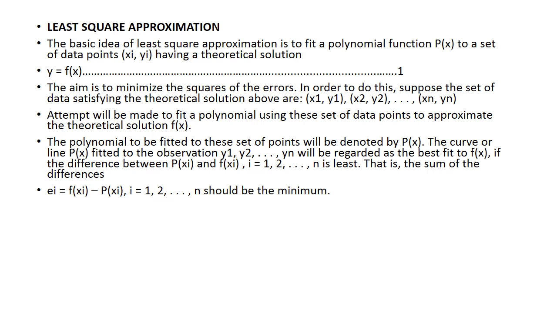The basic idea of the least square approximation method is to fit a polynomial function p(x) to a set of data points (xi, yi), having a theoretical solution as y equals f(x). The aim is to minimize the squares of the errors in order to find a solution to that set of data points.